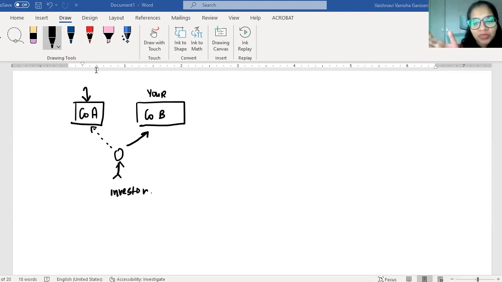And number three, it is considered an opportunity cost for the investors, because shareholders choose to invest in your company and not in another company. So you must be aware that when you talk about cost of capital, there are three major elements that incorporate the cost of capital.